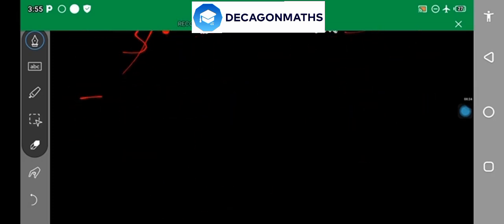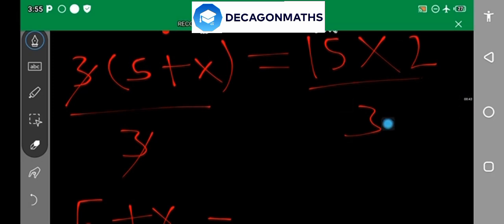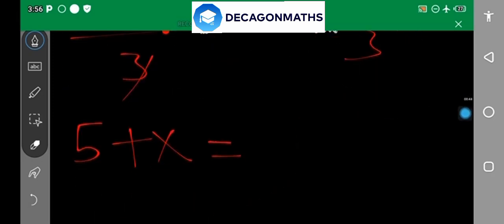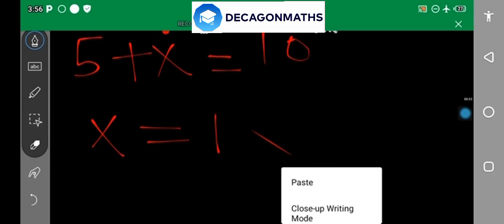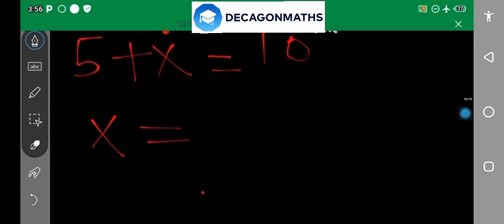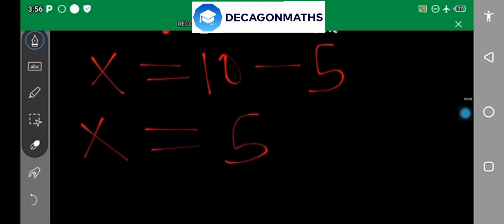We have 5 plus x equals, when we simplify this side, 10. So we now have that x equals 10 minus 5. Then we have x equals 5. So the number of women that must be added is 5.